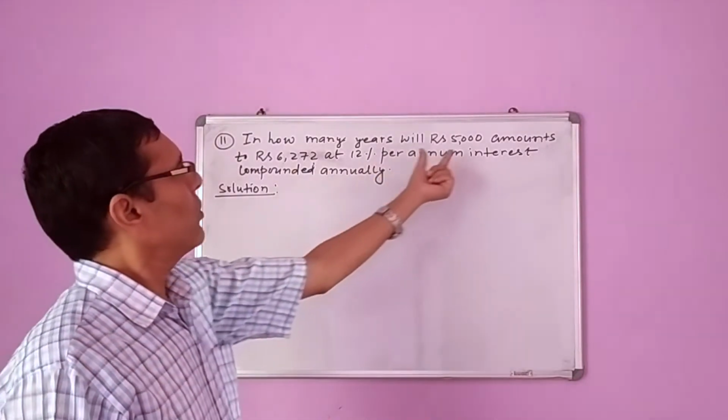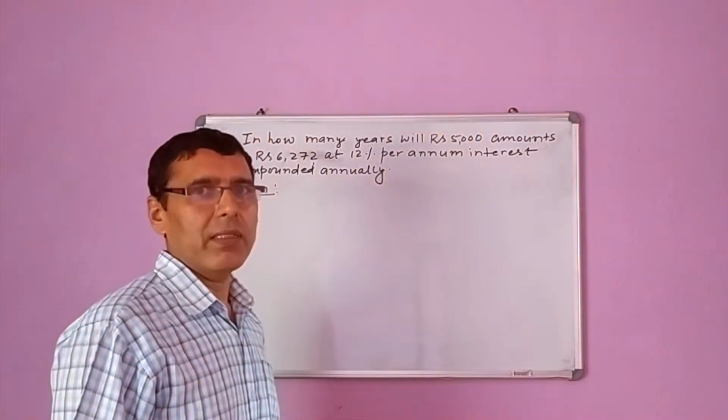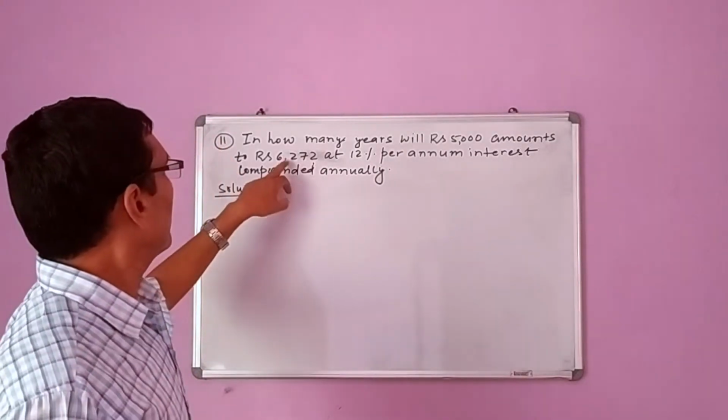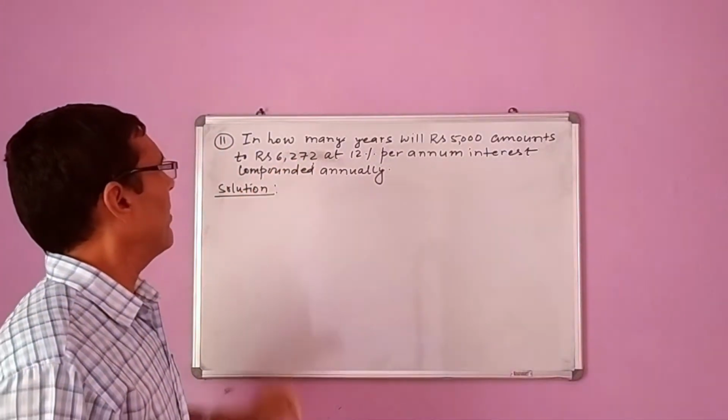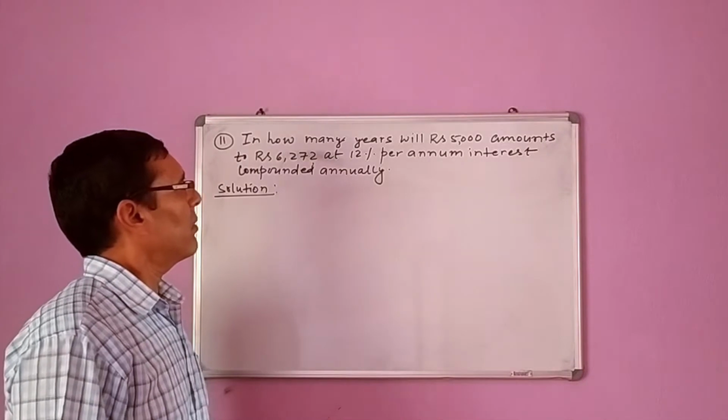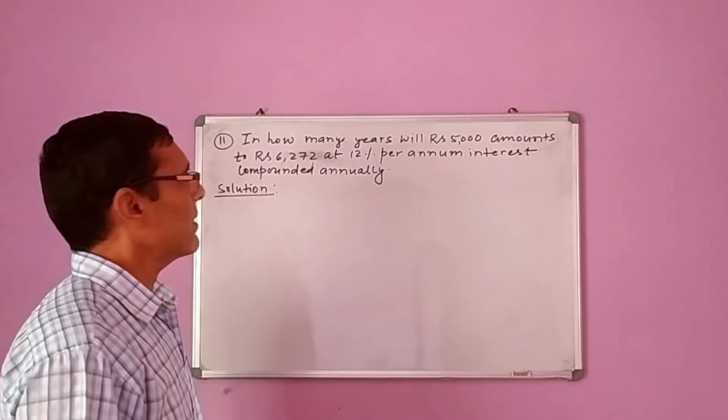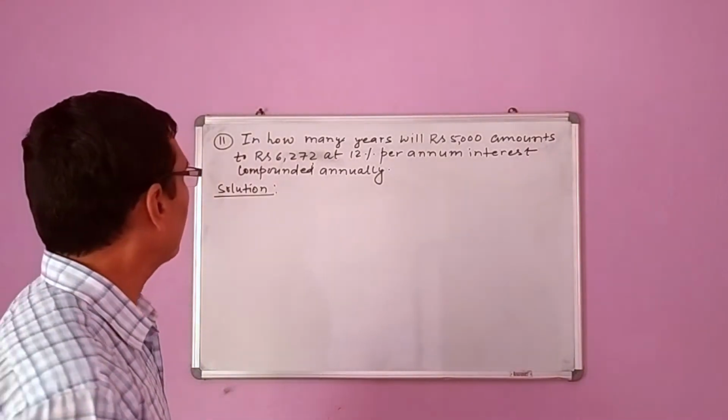Time to grow this principal 5,000 rupees to rupees 6,272 at the rate of 12% per annum interest compounded annually.